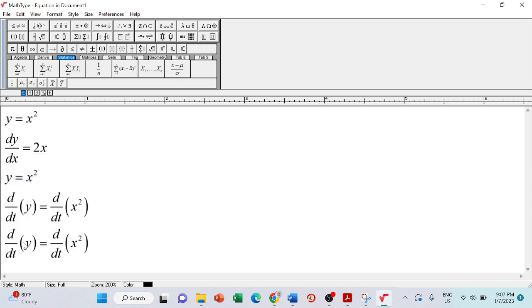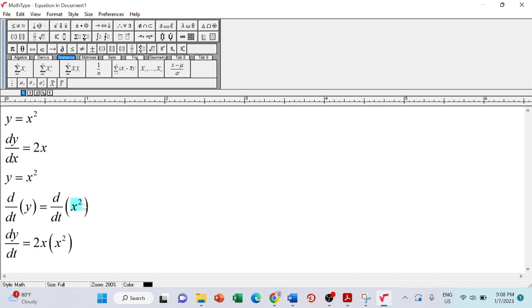Y subjek, dia akan jadi dy dt. Sebelah kanan, kita bezakan x kuasa 2 macam biasa, kita dapat 2x.